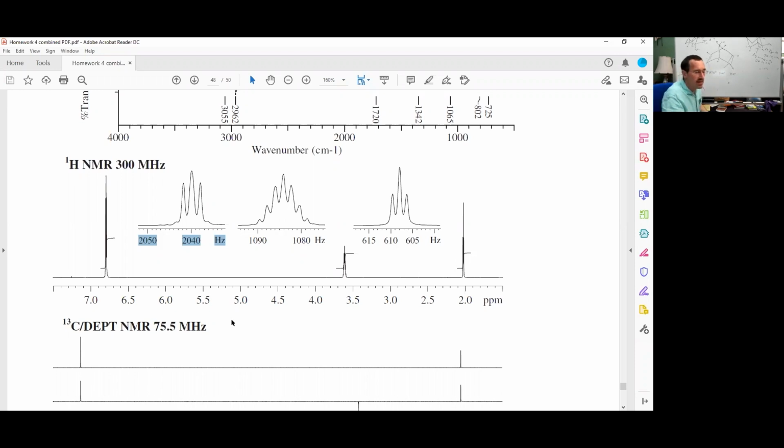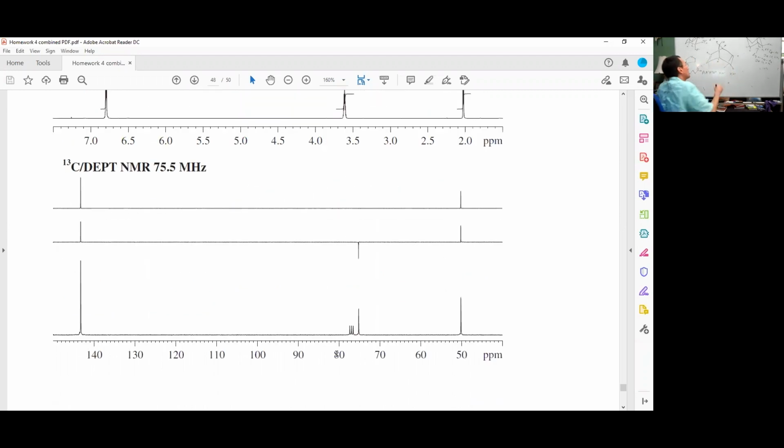So this is behaving that way. My take on this was that the methynes are at pretty much a normal position, and we know something weird is going on with that methylene group because in the carbon NMR, it's at 75 parts per million.